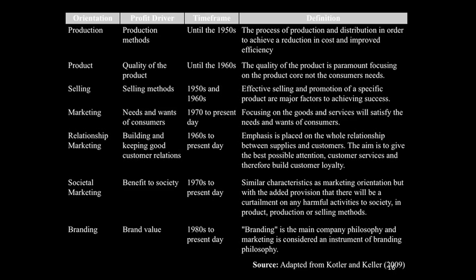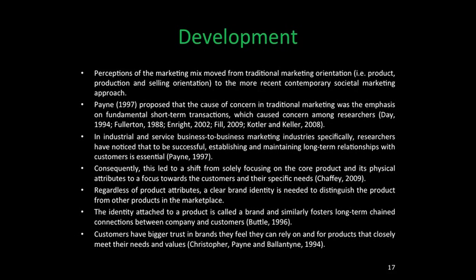However, there's the added provision of the curtailment of any harmful activities in society in terms of product production or selling methods. And finally, branding, the 1980s to the present day. Branding is the main company philosophy, and marketing is considered an instrument of that branding philosophy. So marketing is just one aspect of branding.